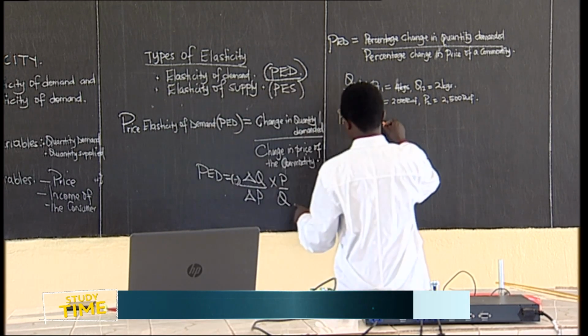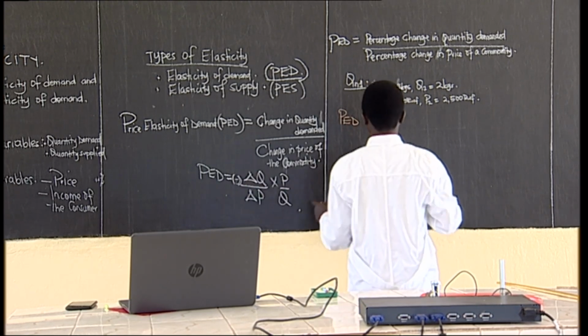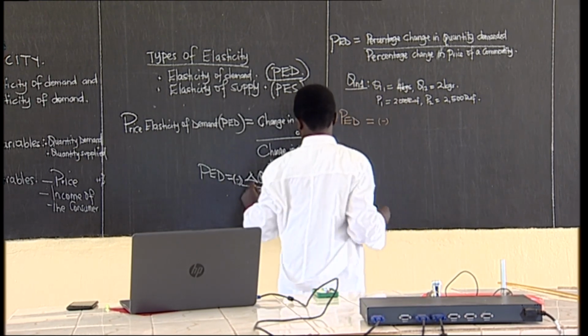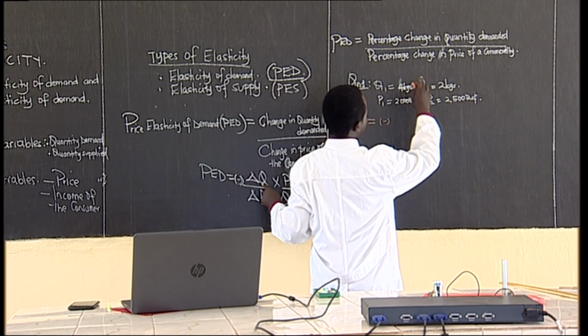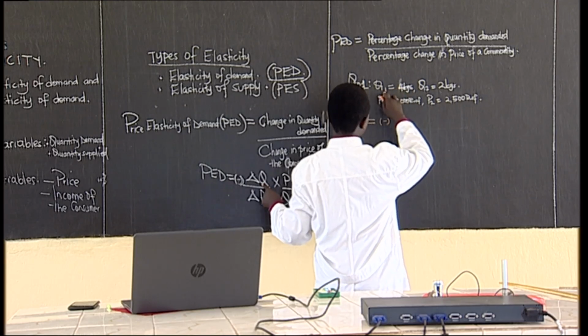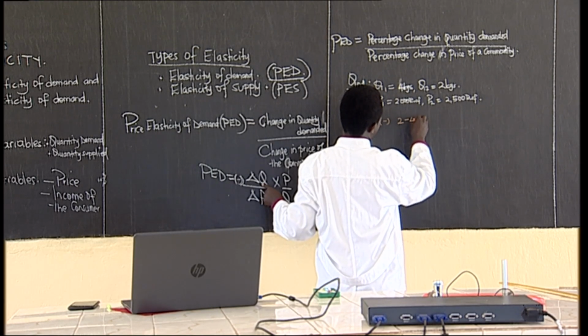Now, if you affix your negative here, if you want, this one that we have. So we calculate the change in quantity demanded: quantity 2 minus quantity 1, so you get 2 minus 4.